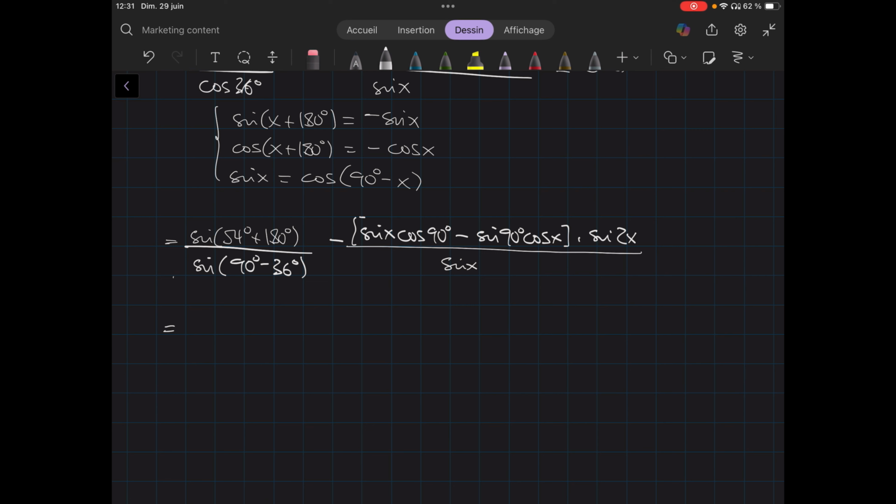Going back to the first term, sine of 54 plus 180, that is negative sine of 54. Downstairs, we have sine of 54. Second term, cos of 90 is equal to 0. Sine of 90 is equal to 1.